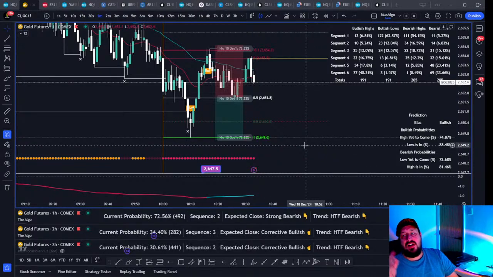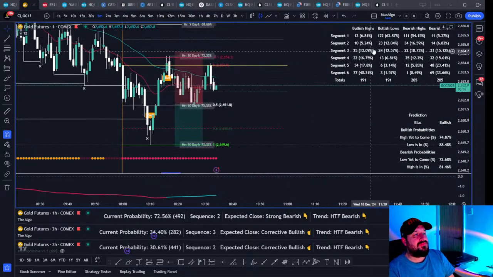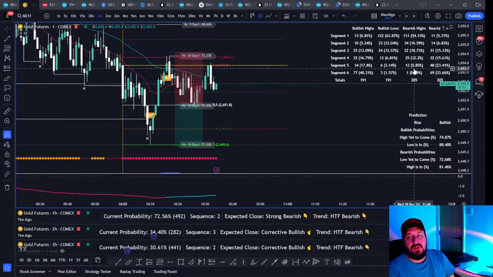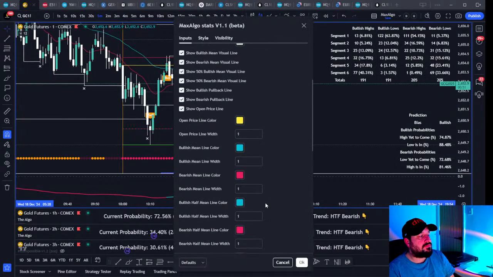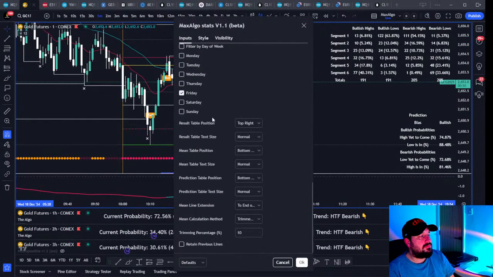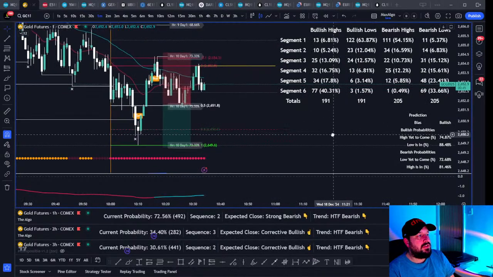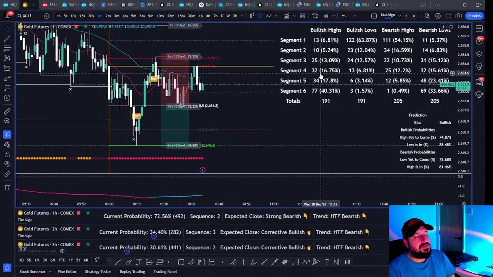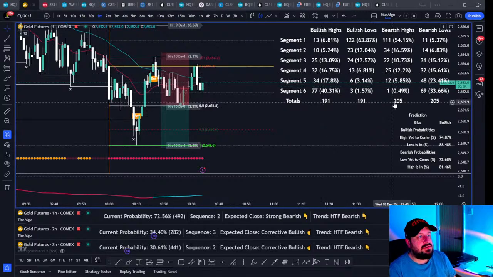So in the last half an hour, let's have a look at our data. This is our data for gold. If we are going to be bearish, we can see that the data weighs up in the last half an hour.